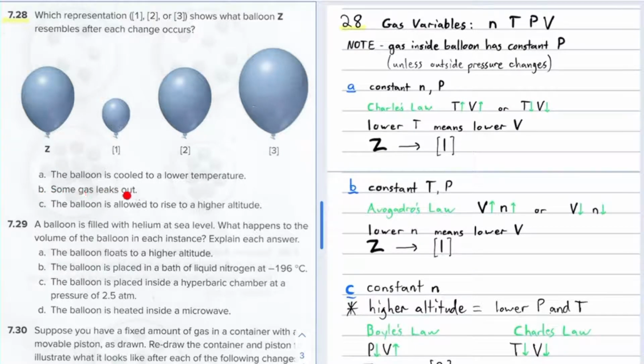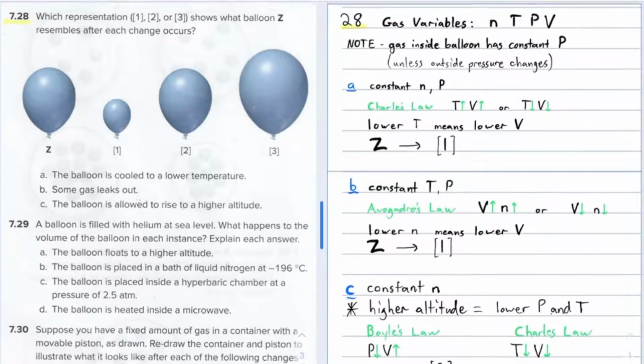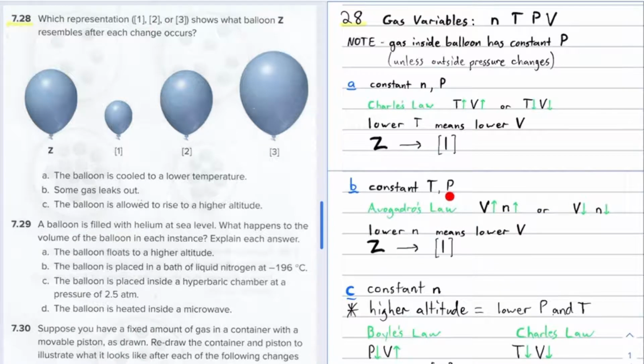The next one, okay. Some gas leaks out. Well, this time the number of moles of gas is changing, so moles are no longer constant, but it doesn't say anything about the temperature. So let's assume that the temperature is constant and it's still in a balloon, so it's at a constant pressure. So constant temperature and constant pressure. That's an Avogadro's law situation.